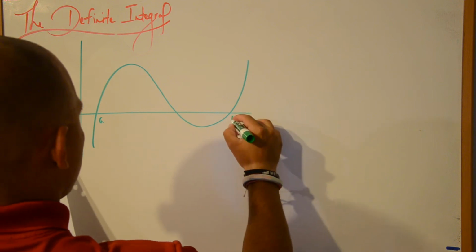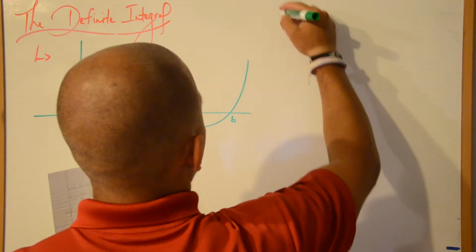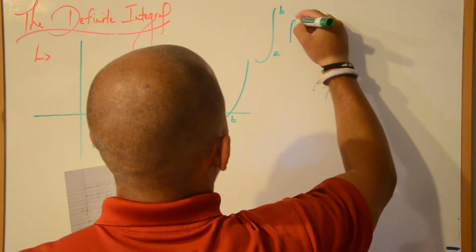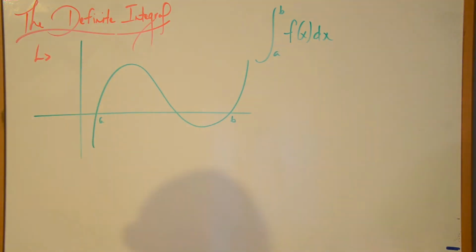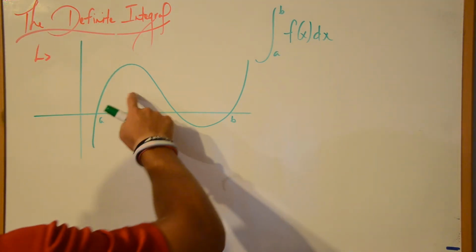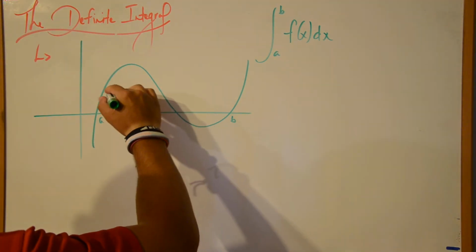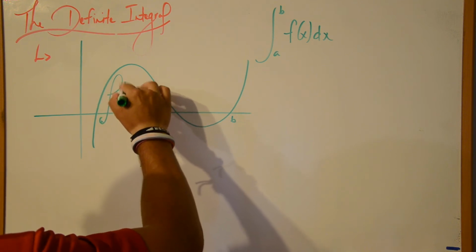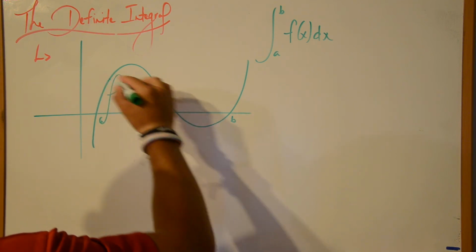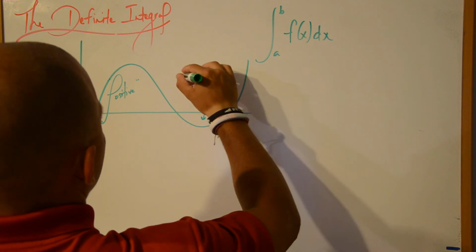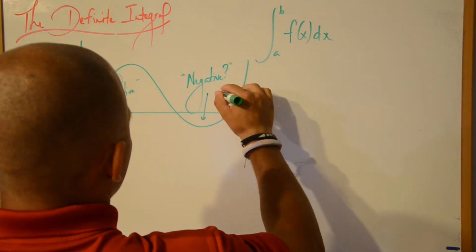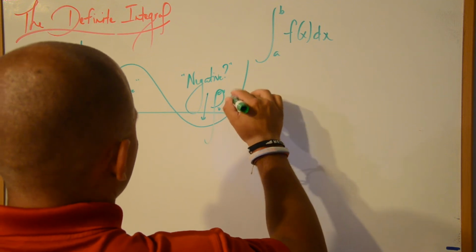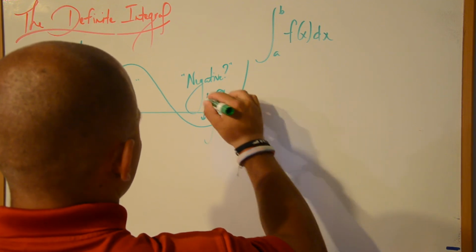A, B, and we're tasked with determining what the area is under the curve for this function. However, the area under this side of the curve is clearly positive, but this area here, is this negative, or do we treat this as positive still?